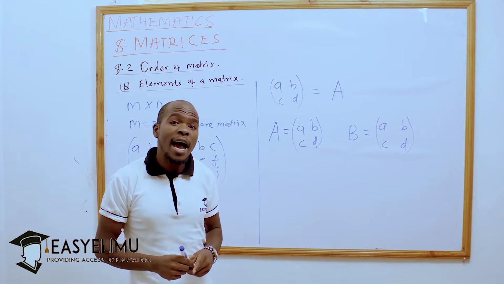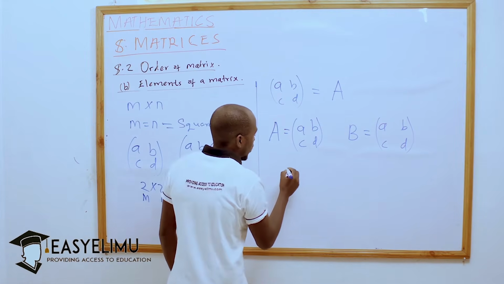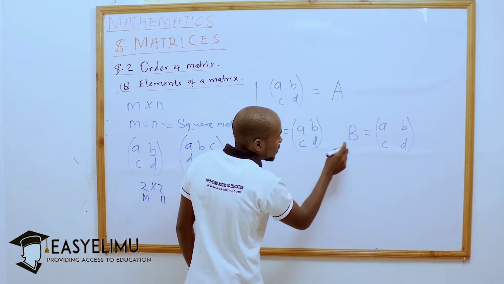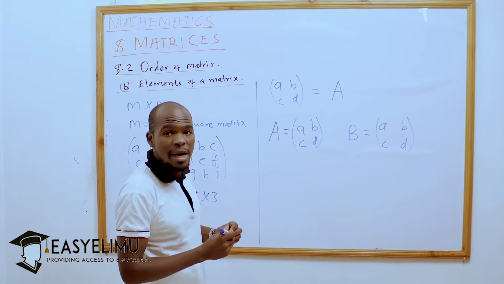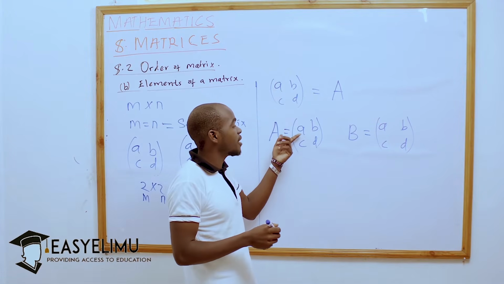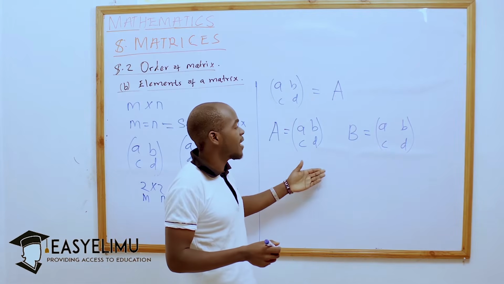Two matrices are the same only if the elements in each of them are equal, in that if it is A, it is A in both matrices.